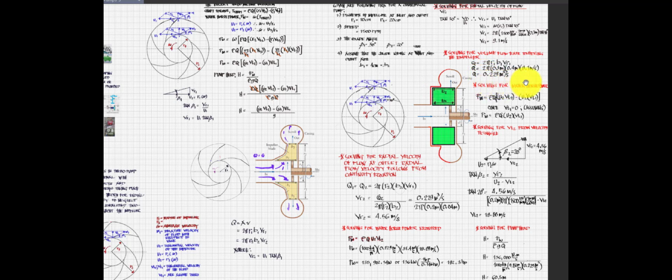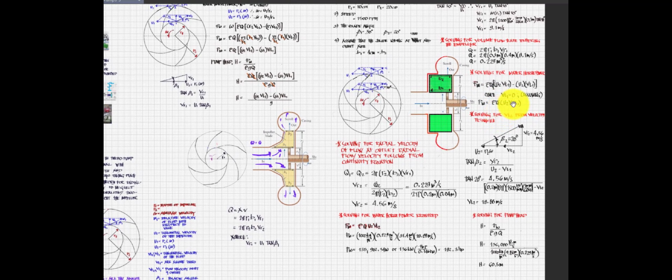Then for solving the water horsepower, so ito yung equation. Since we have been assuming that the tangential velocity of fluid flow at the inlet is equal to 0, we were able to reduce the equation to this equation. Since given na yung density, volume flow rate, tangential velocity can be solved.